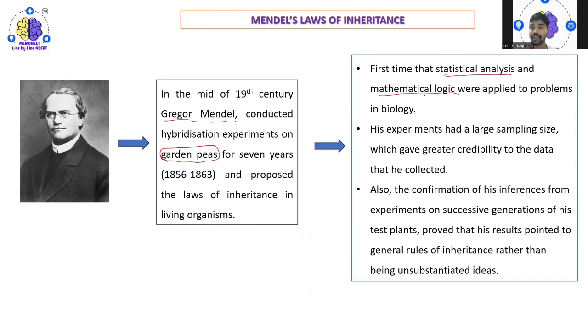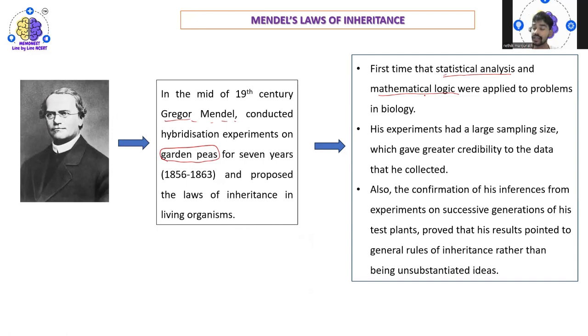If the sampling size was large and he repeated the experiment again and again, he was getting a consistent value. That means the data he collected has greater credibility, and he also confirmed his inferences from the experiment on successive generations of his test plant.